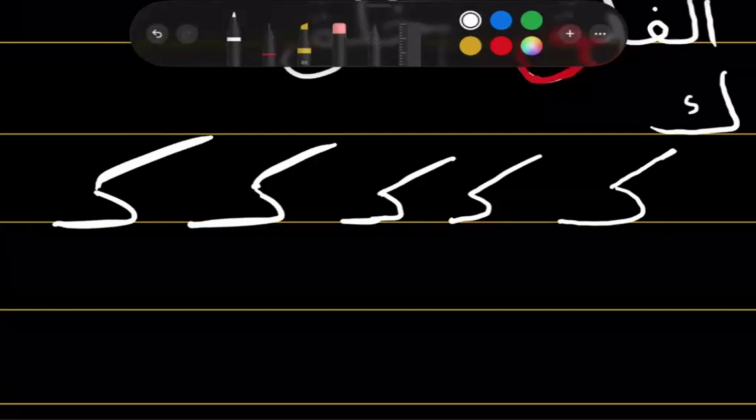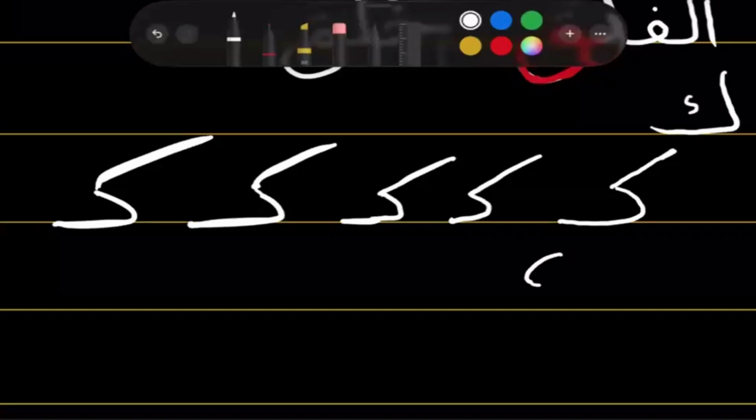But there's another way in the beginning of the word. I'm going to call this the fancy way. Fancy way is more like this. So I'm starting here. Look at that curve there. Then I have here this.